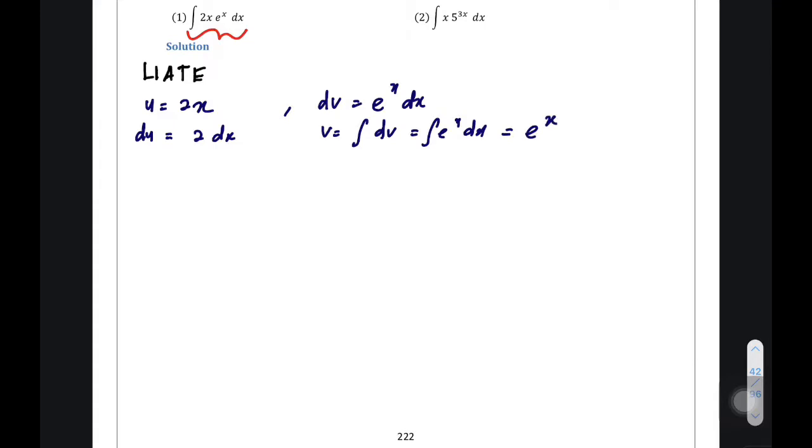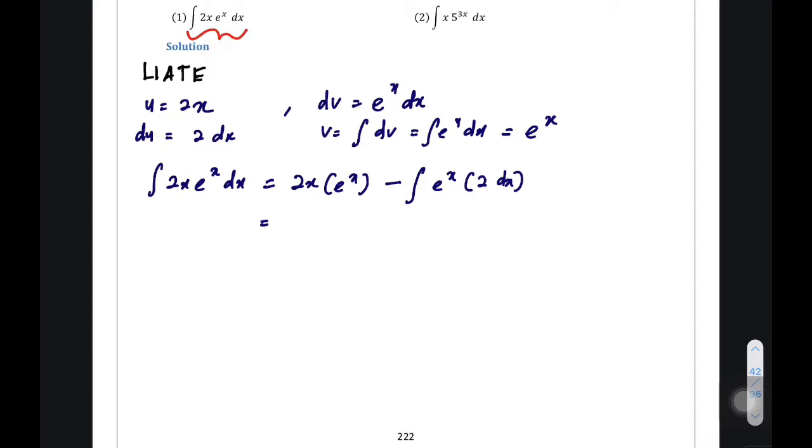Now we can apply the formula. Integral of 2x e power of x dx is equivalent to uv, where u is 2x and v is e power of x, minus the integral of v du, where v is e power of x and du is 2 dx.